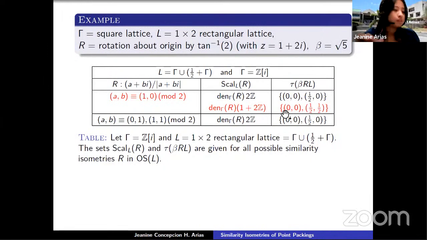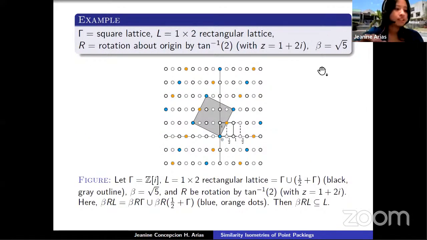To illustrate, we have the following figure. Here, L is the 1 by 2 rectangular lattice, which is just the union of gamma, the black outlined dots, and 1/2 plus gamma, represented by the gray outlined dots.